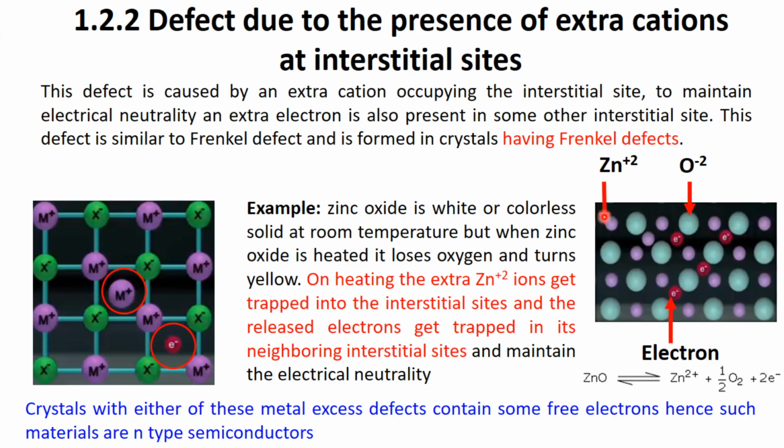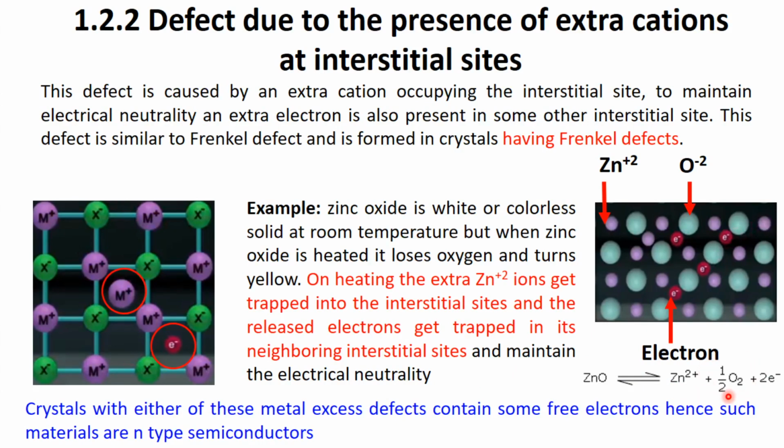So these are shown in the figure, and the released electrons get trapped in neighboring interstitial sites, and thus they maintain the electrical neutrality. So when zinc oxide is heated, it gives zinc plus 2 cations and oxygen.